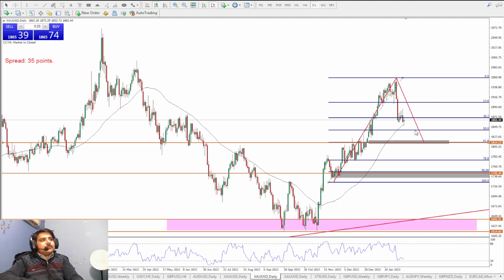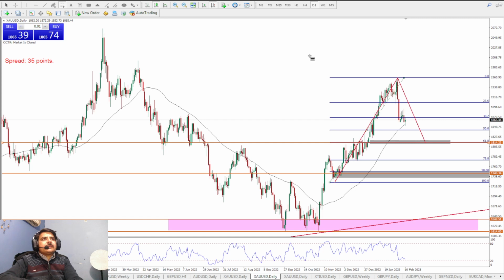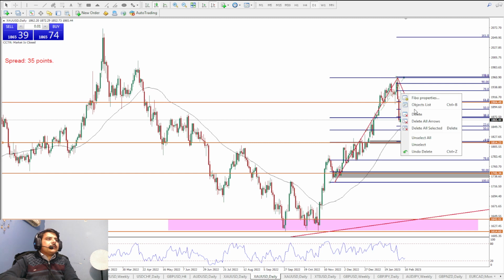Now then I have to see if I can find a sort of reversal point right here, a counter trend reversal trade from here till around maybe, let's see, yes, maybe till 1904, right?